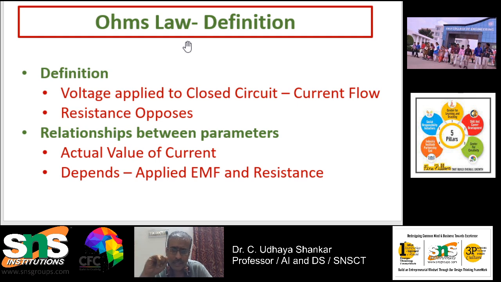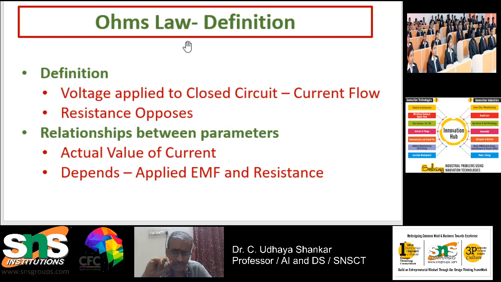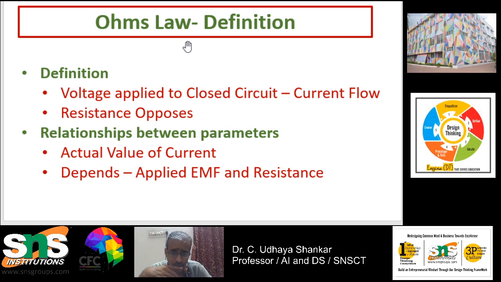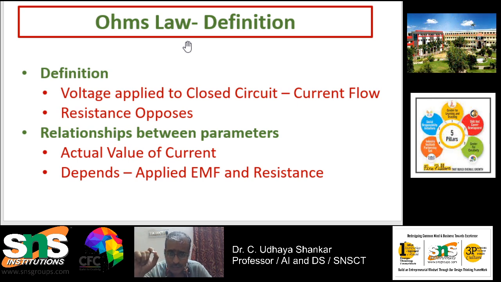There is a parameter called resistance in the circuit which is going to oppose the current flow. We call it R. The actual value of current always depends on the applied EMF and the resistance in the circuit.